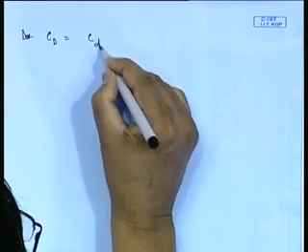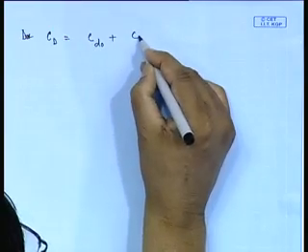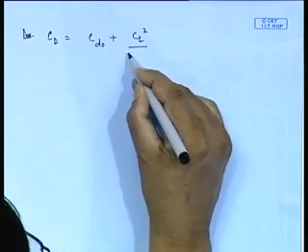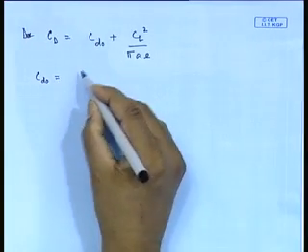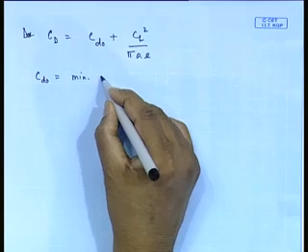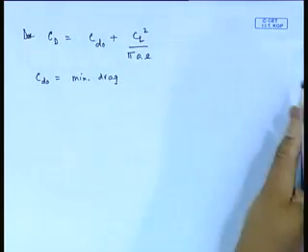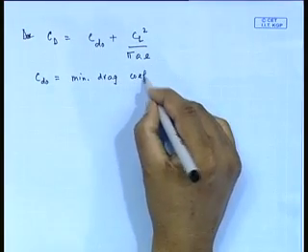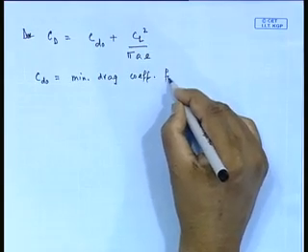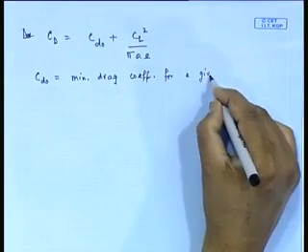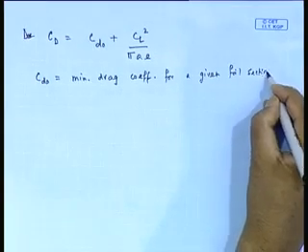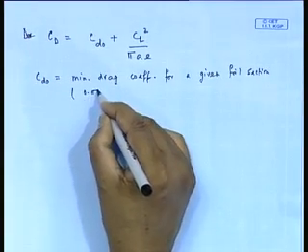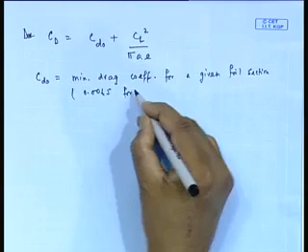This is given by the formula CDO plus CL square by pi A E. Now CDO is what is called the minimum drag coefficient for the given section, given foil section. For example, this turns out to be 0.0065 for, I will tell you again, this.